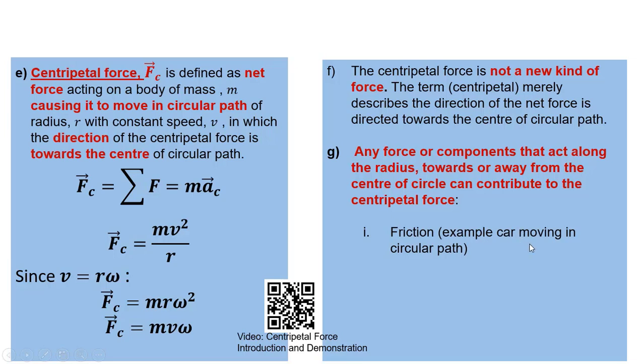A car that is moving in a circular path, the centripetal force is produced by the friction. Swinging a ball at the end of a string, the centripetal force is produced by the tension in the string.